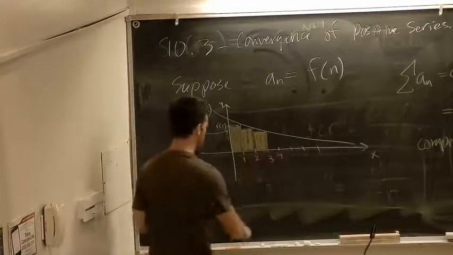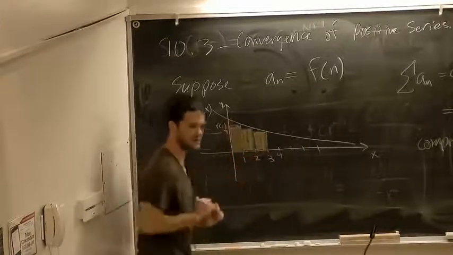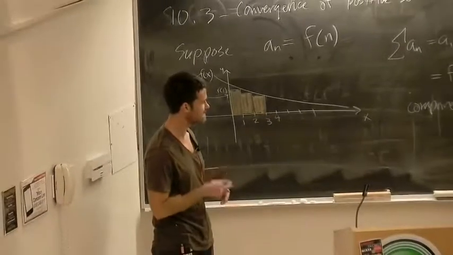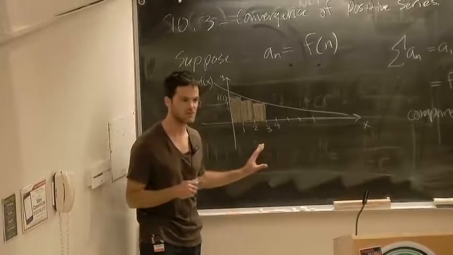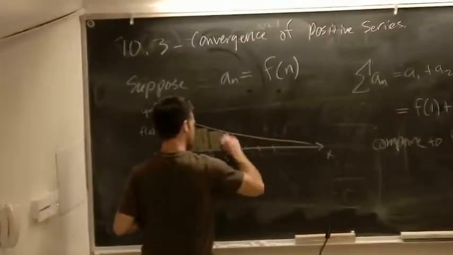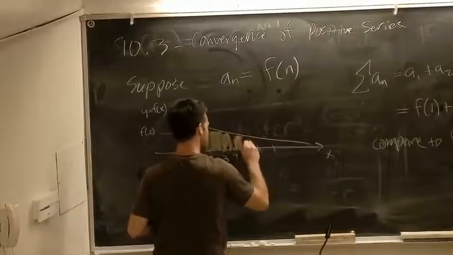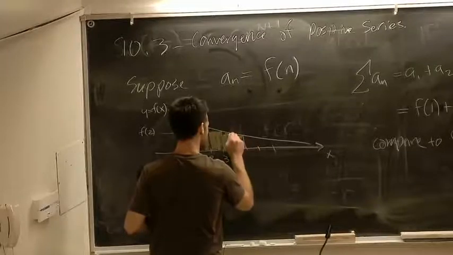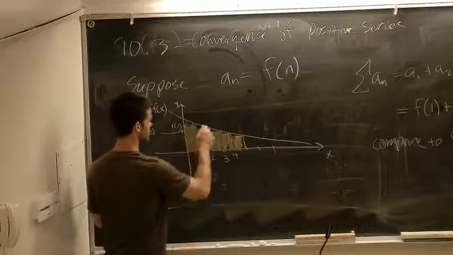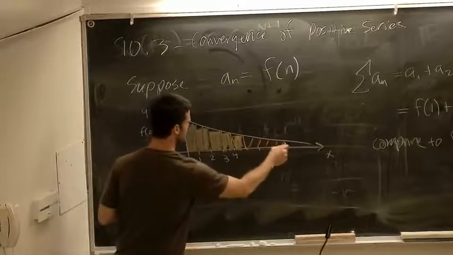That improper integral of f of x is all the area underneath this curve. Maybe you can tell from the way I drew it that the area underneath the curve is bigger than the orange area. So the orange area is all these guys. The area underneath the curve is the red area.